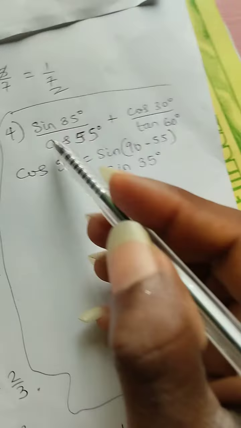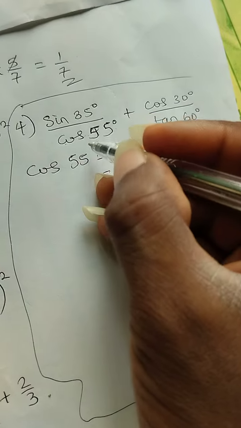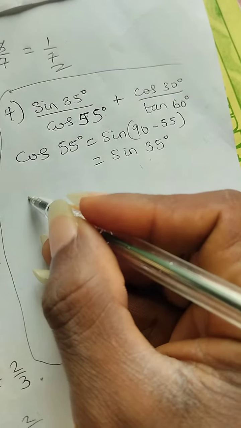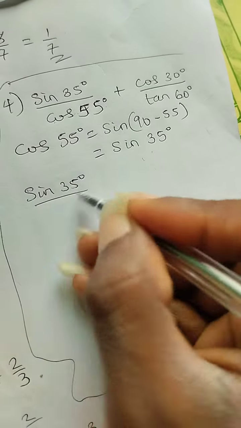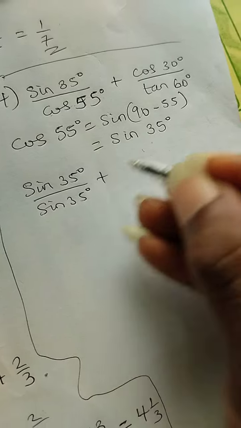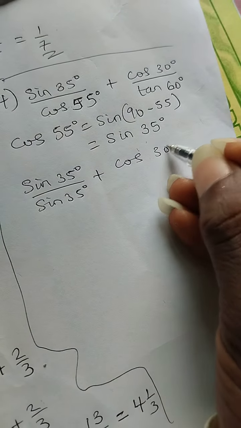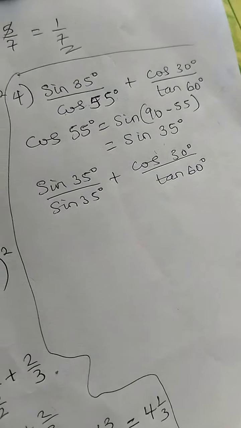So instead of me writing cos 55, I will change it to sine 35 degrees. You can go and learn that later, how to do that. So sine 35 degrees over sine 35 degrees plus cos 30 degrees over tan 60 degrees.